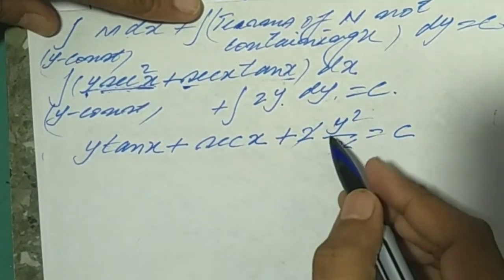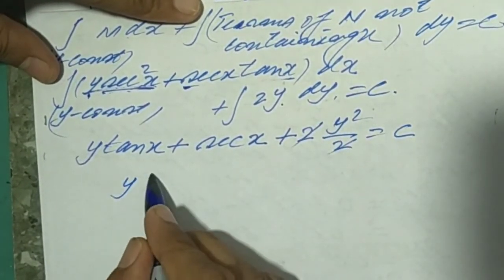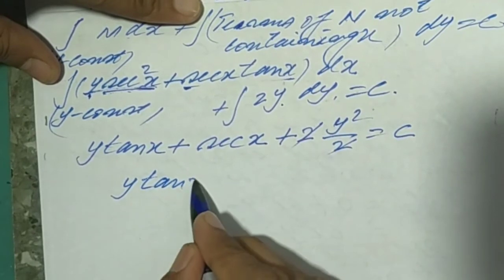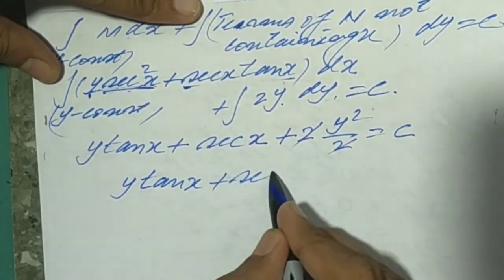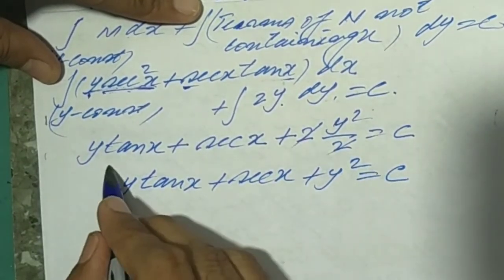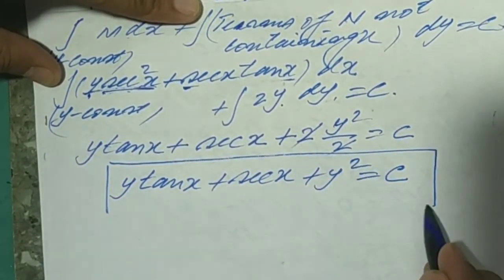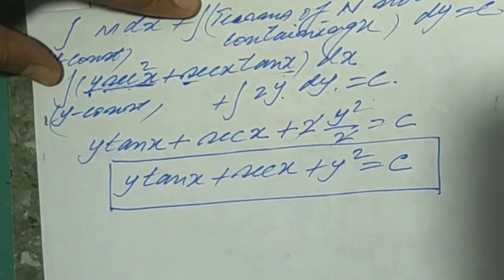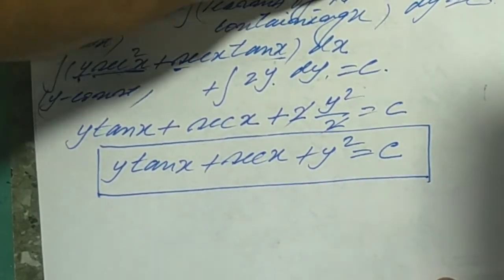Now here 2 is cancelled by 2, and finally we get y tan x plus sec x plus y square is equal to c, and that's it. This is the required solution of the given differential equation.